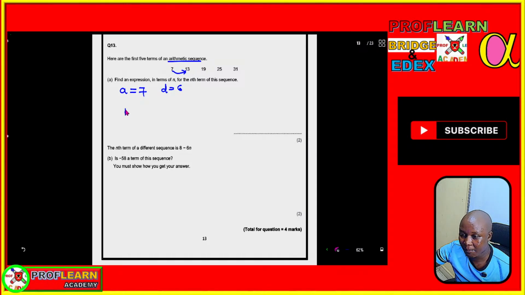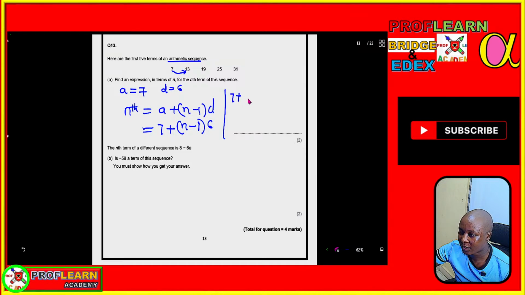And the nth term is usually a plus n minus 1 into d. That is the formula for the nth term, and that is going to be 7 plus n, we don't know the number of terms, minus 1 into the common difference, which is 6. If we simplify this, we shall have 7 plus 6n minus 6.